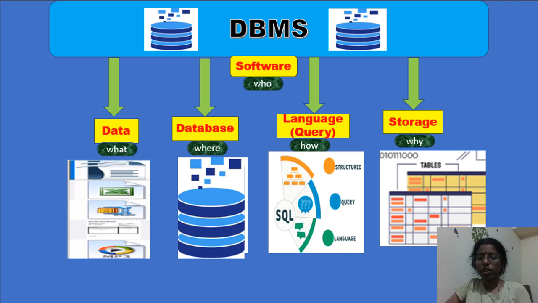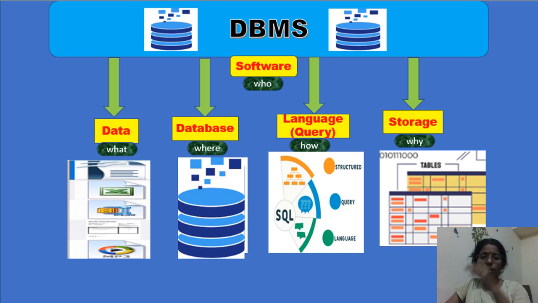And that storage is in the form of tables, with rows and columns. And the language is how, because the system can only understand that language. The database will understand the language of SQL, structured query language.